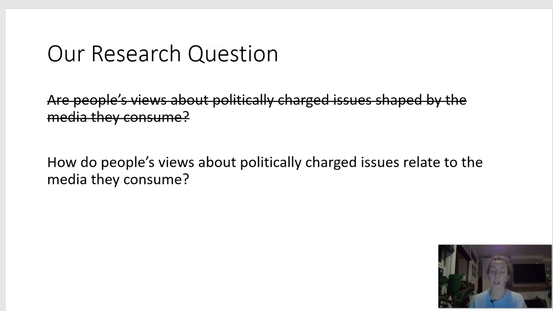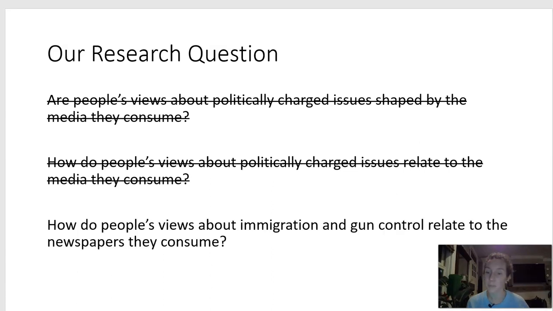So we're not assuming that the media shapes the views. Rather, we're saying, is there a relationship here? And, what is that relationship? Okay. But I think we can still do better because this is still super open-ended, hard to measure, and not terribly answerable. Let's take another stab at it.